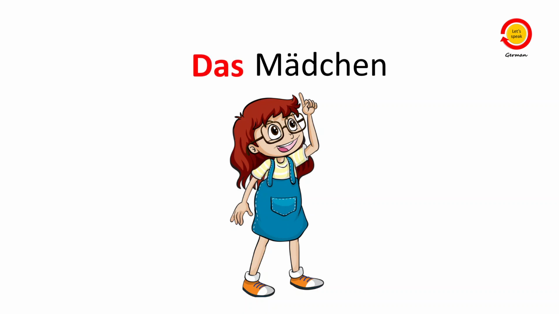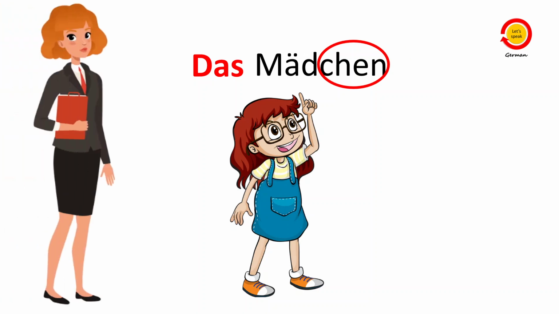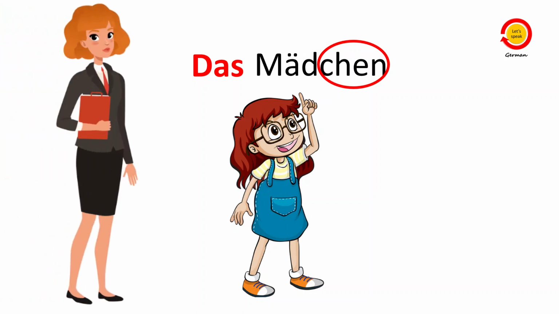The ending -chen represents the diminutive form of a bigger noun. Mädchen, or a small girl, is a diminutive form of a woman, right? In fact, every noun with -chen at its ending has neutral gender.